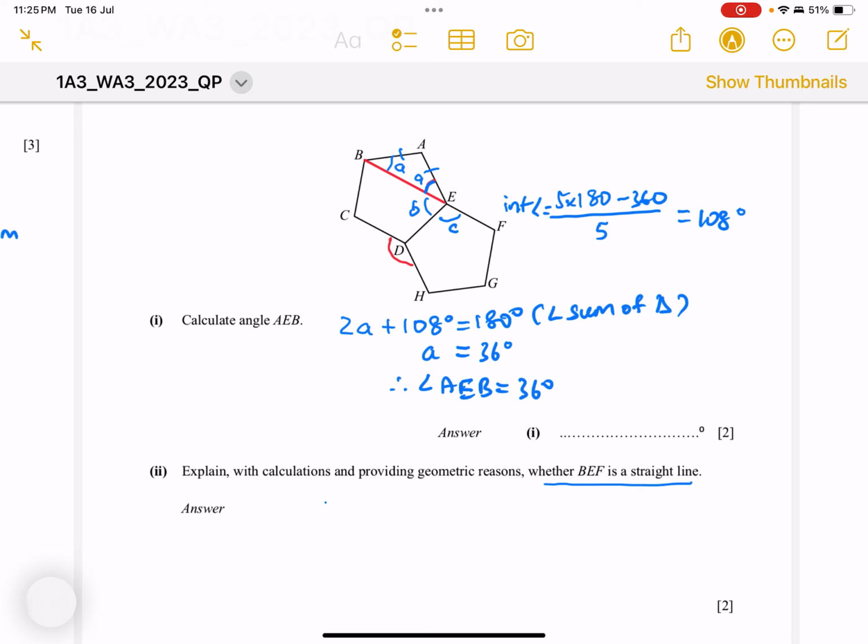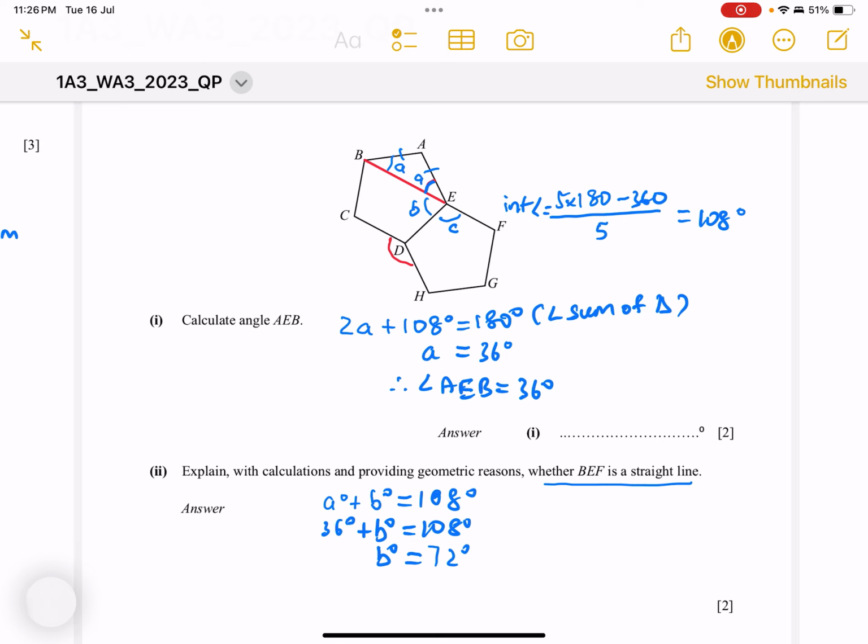Now A plus B is the interior angle 108, and A is 36, so B is 108 minus 36, that is 72 degrees.